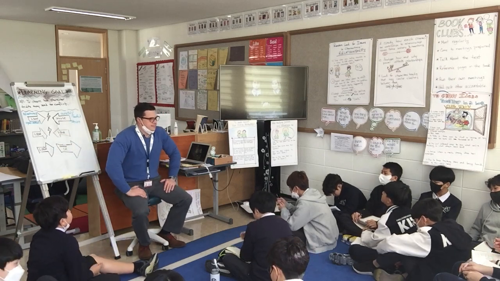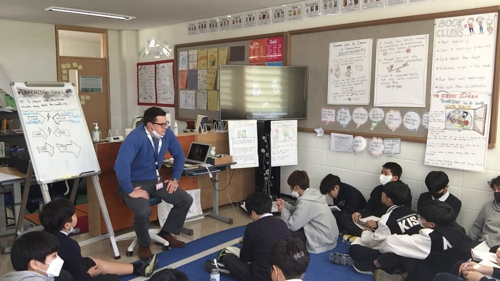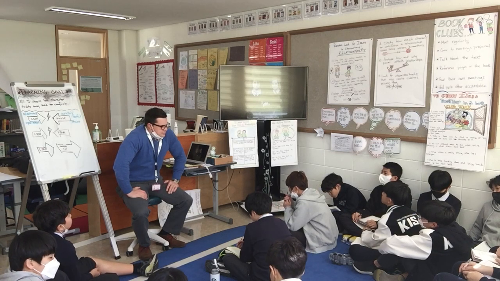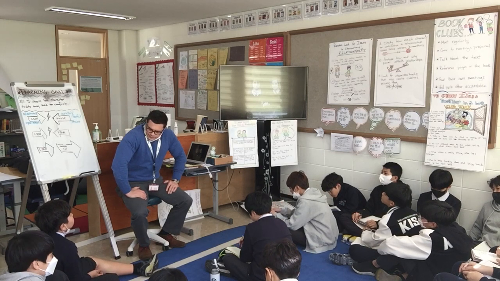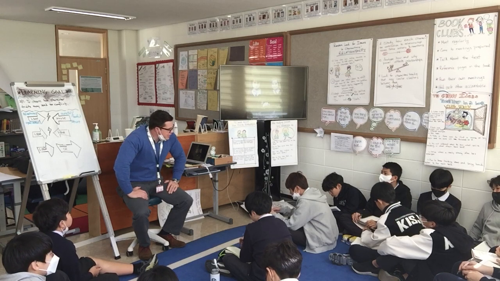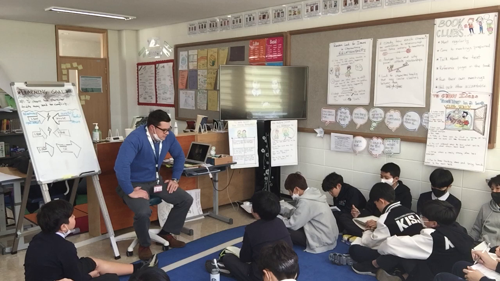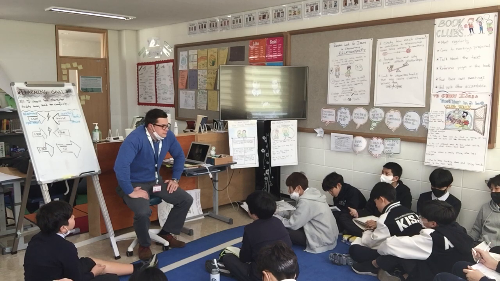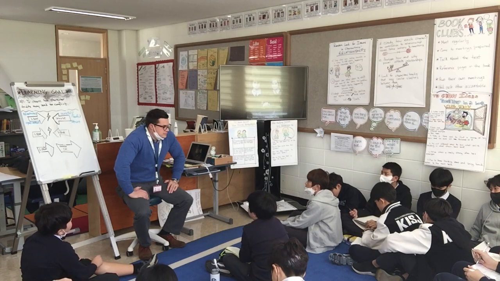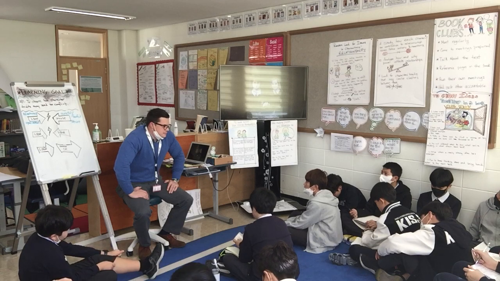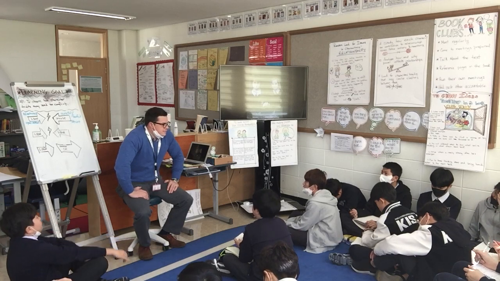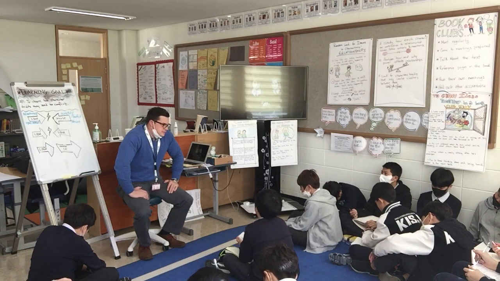How can we describe them? What do you think? Are they similar characters? Do they have similar traits? What do you think? I don't think so. Right? I think they have different traits.